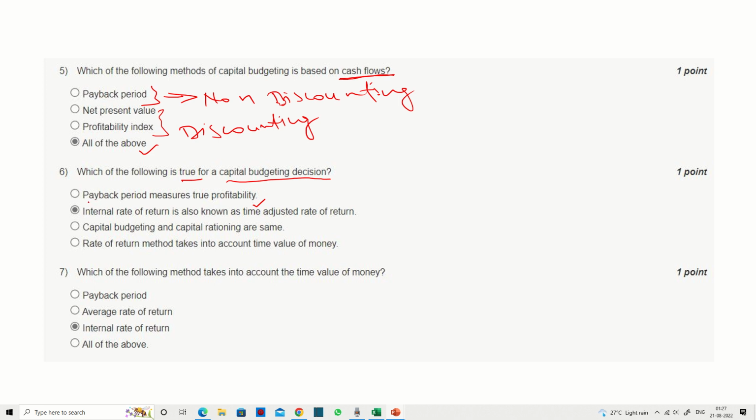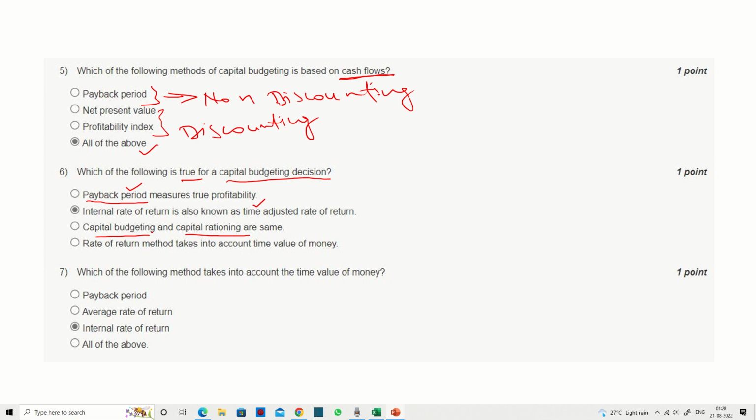Payback period is the time by which all the money invested in a project is recovered, and after this time the project starts giving profit, and thus this doesn't give a measure of true profitability.